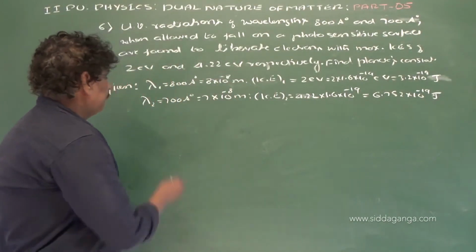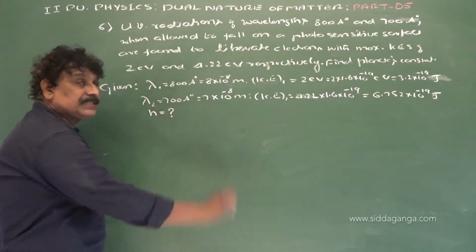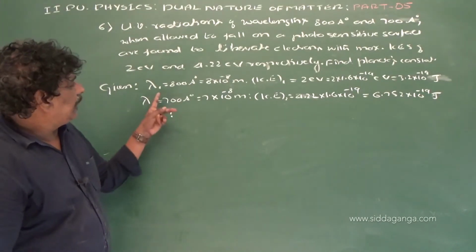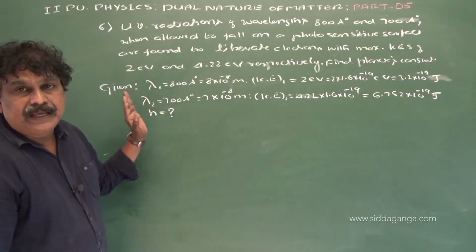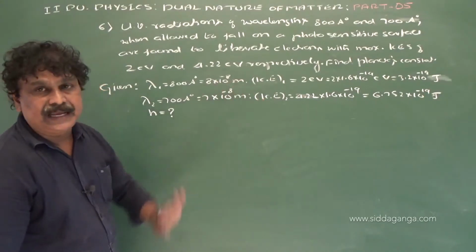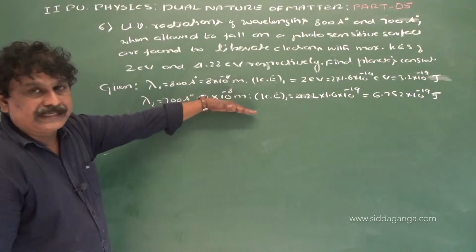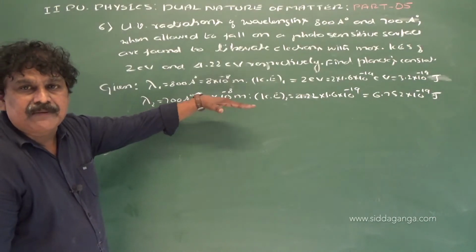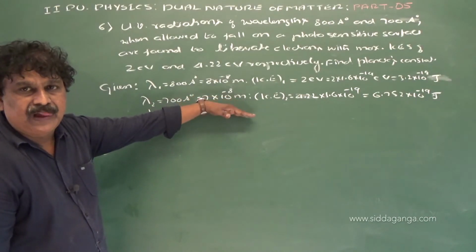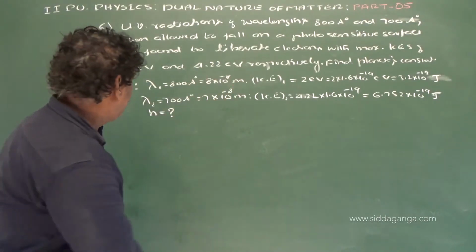Now what we need to calculate? We need to calculate h is equal to what? So here we have given incident wavelengths and the corresponding kinetic energy. Now, in both cases photoelectrons are emitted by the same photoemissive surface. Therefore, the photoelectric work function phi remains constant.